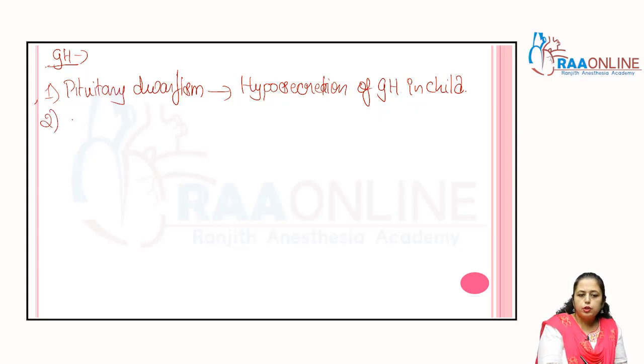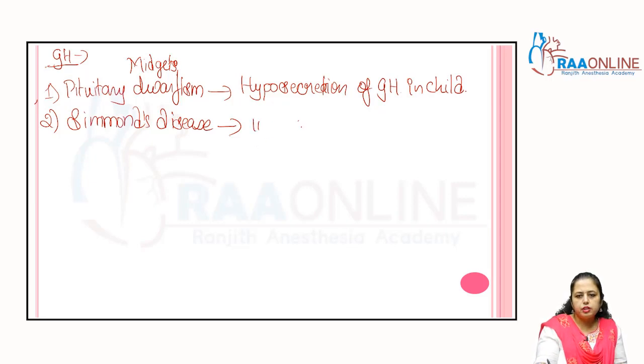Same as that, when we talk about Simmonds' disease, that pituitary dwarfism is also known as midget, small, right? That is also due to the hyposecretion of the growth hormone, but in adults, right?